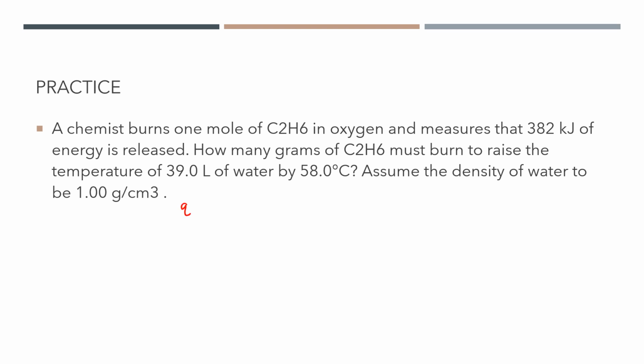We have Q equals mC delta T. If we look right here, they give us 39 liters of water. Something that you should probably know for future reference is that the density of water is 1 gram per milliliter.